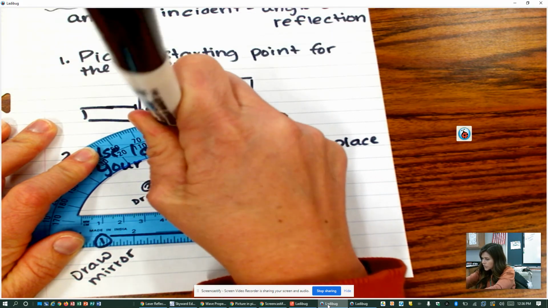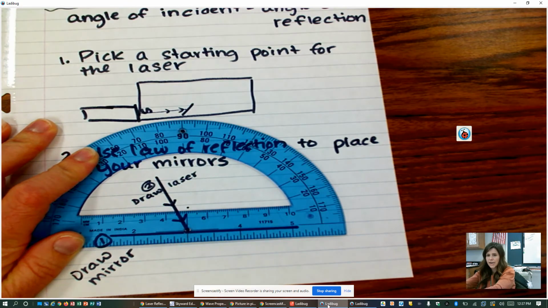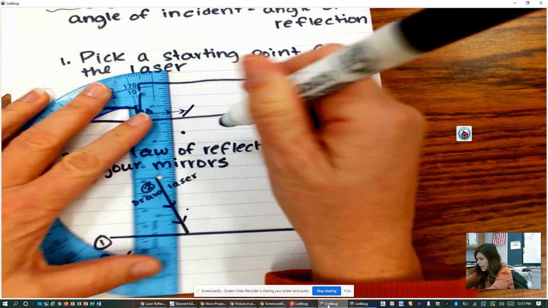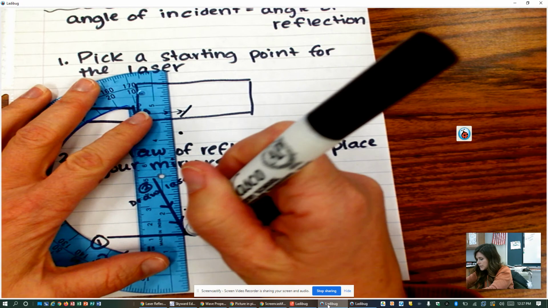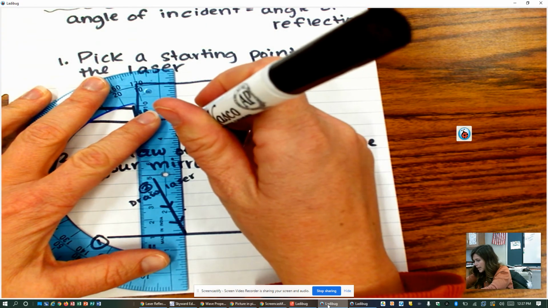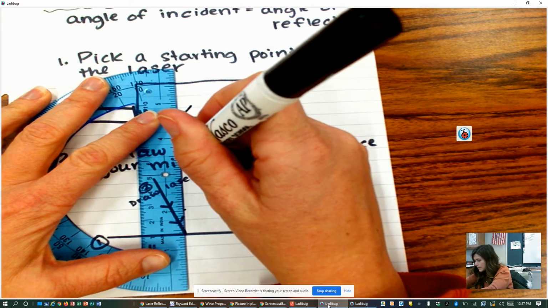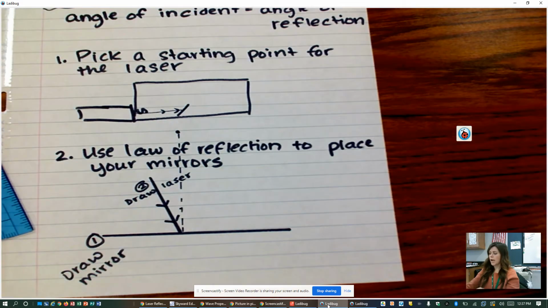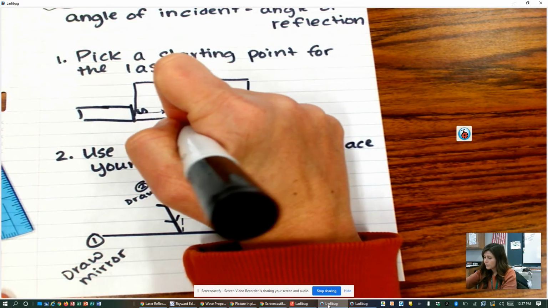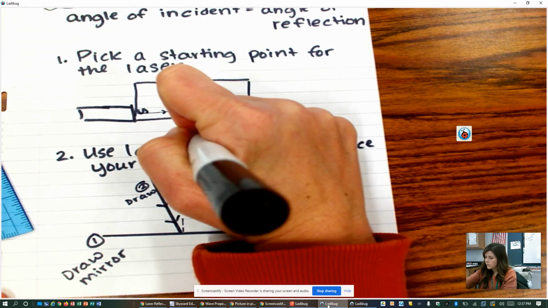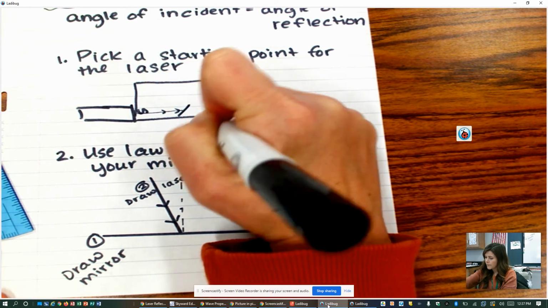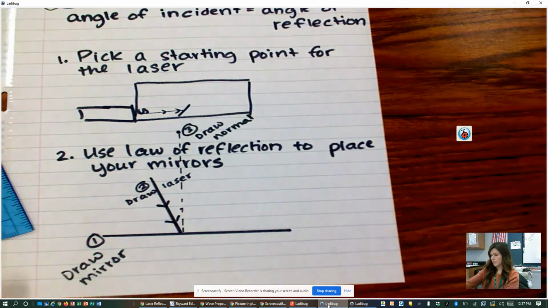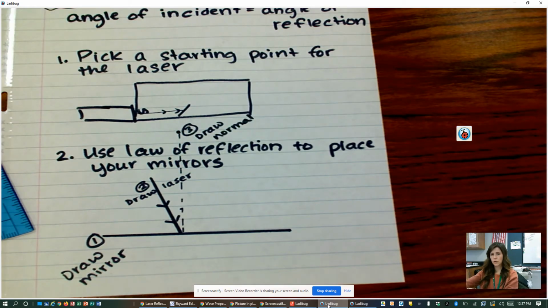And there's another circle at 90 degrees. So I put that circle here. So I'm going to trace a line so it ends up where I put that there. And I'm going to make a dotted line, drawing the normal. So that's step three. Draw normal. Okay, so step three is drawing the normal.